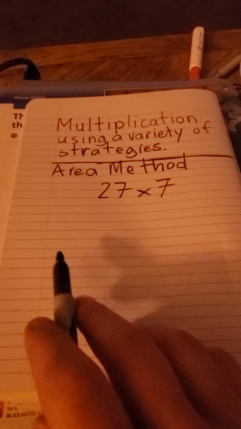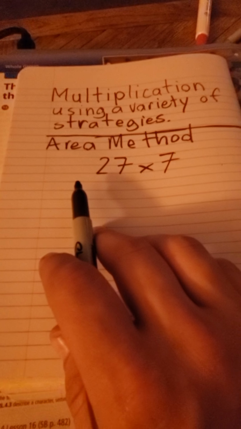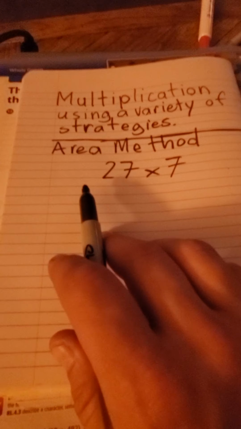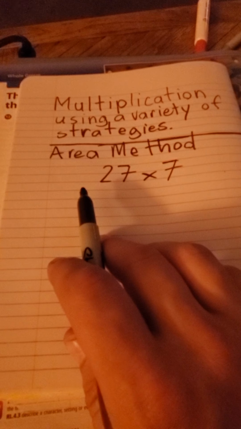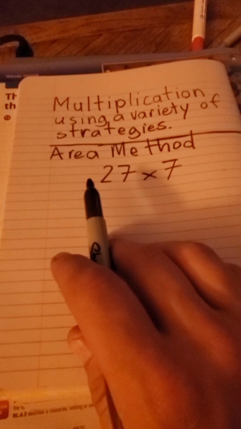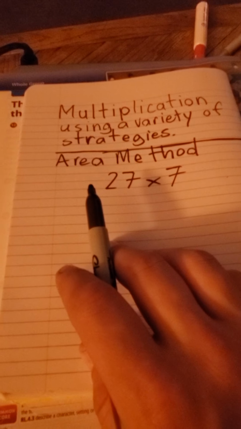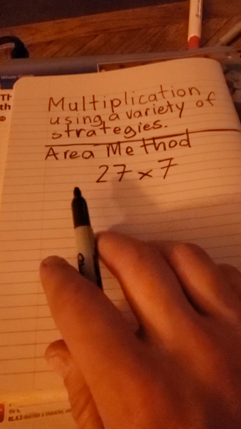What I want to stress with this, and I keep hammering the area method, we all do, is that you don't have to be good at multiplication or a master of your math facts to be able to do it correctly.